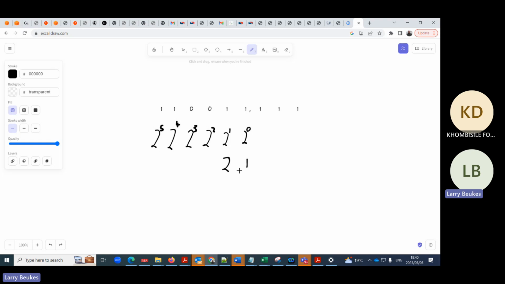So going this way, it just doubles: 1, 2, 4, 8, 16, and 32.